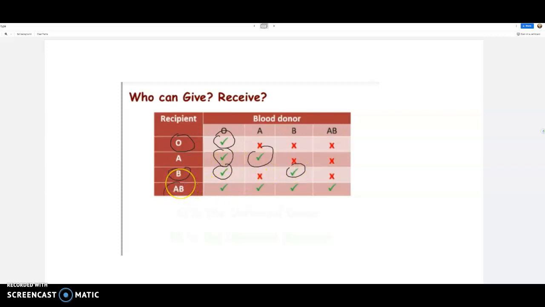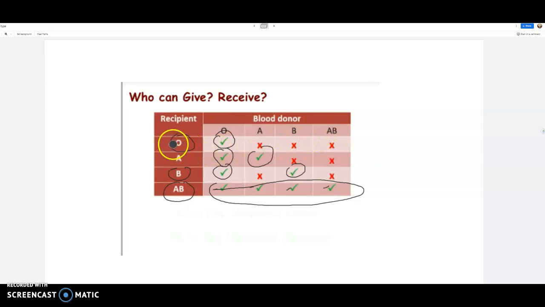And AB can receive from any of the blood groups, that is O, A, B, and AB, because AB has no antibodies. And O can get it only from O, because if it gets from A, it will meet antibodies A, and from B or AB it will also meet antibodies.